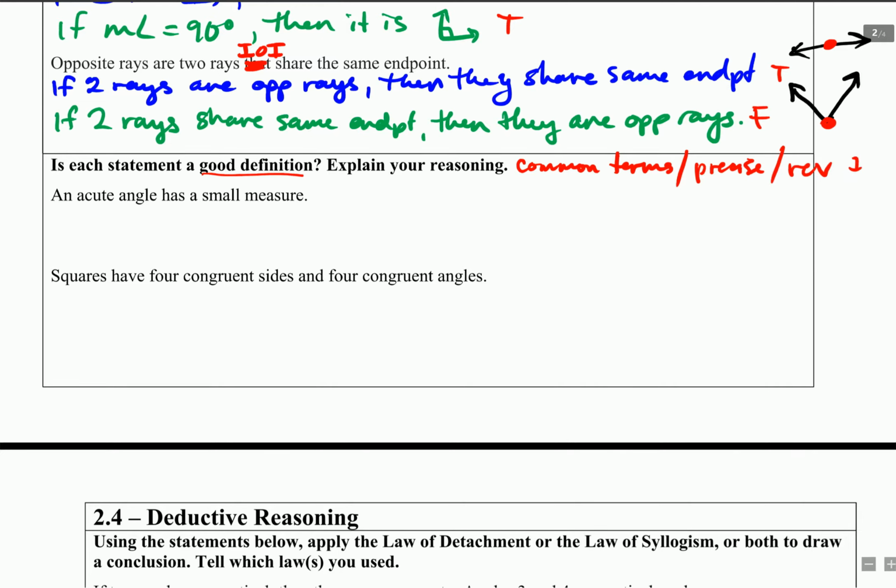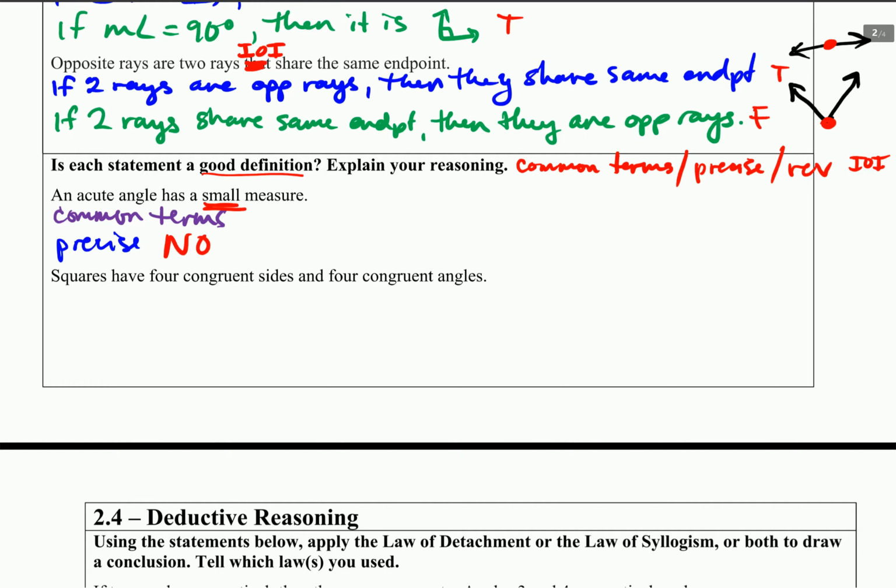We can write an if and only if statement out of them. So let's look at what we have here. An acute angle has a small measure. Well, let's start out. Is it common terms? Yeah, that's got common terms. Those are things we all know. What about precise? You should have seen that as soon as we read it. No.